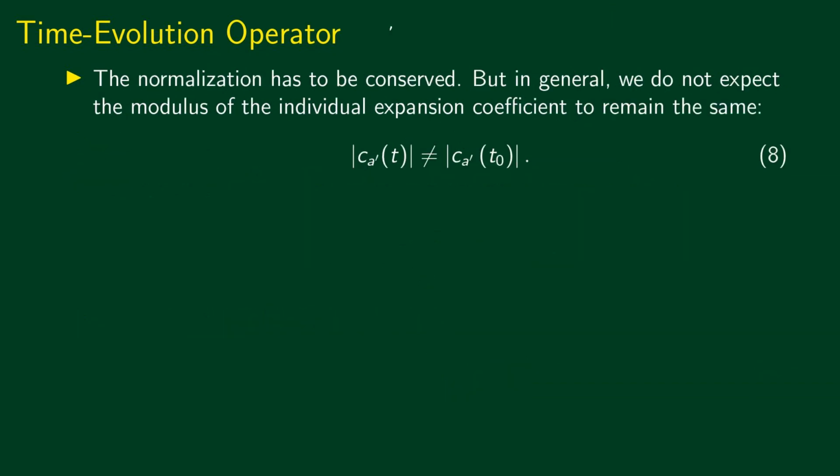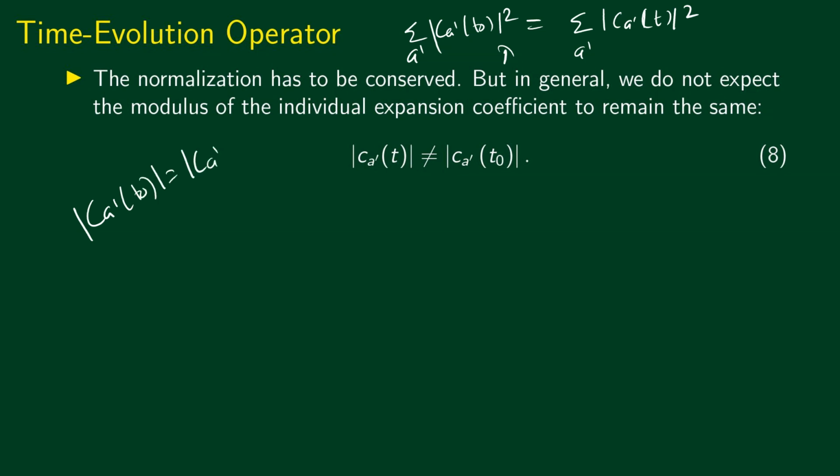In other words, this is what we require: the sum over A' of |C_A'(t0)|² has to be equal to the sum over A' of |C_A'(t)|². This is what we demand. Now, of course, this will be satisfied if the modulus of the expansion coefficients do not change. So one way to make sure that this is possible is to demand that |C_A'(t0)| is equal to |C_A'(t)|.